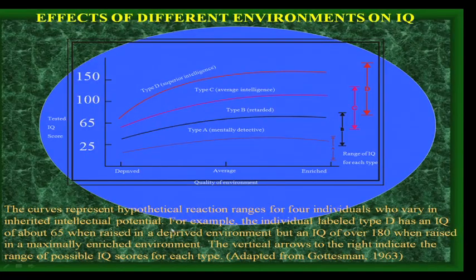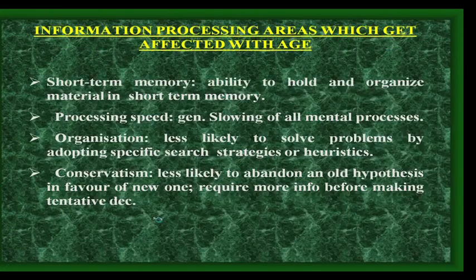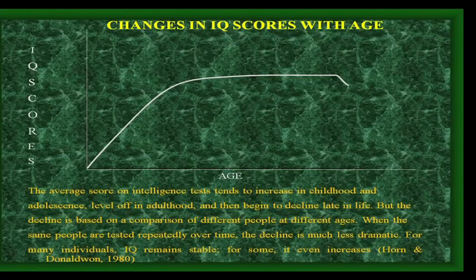Coming back to another thing, changes in IQ scores with age have also been pointed out in many other studies. Age has a big influence on the intellectual development of a person starting from childhood.